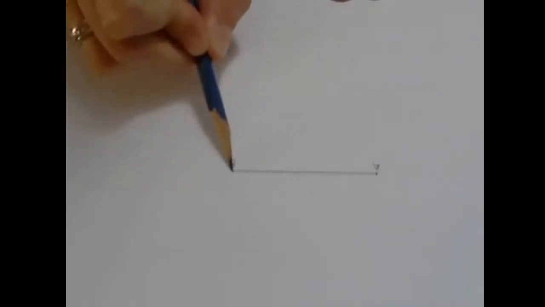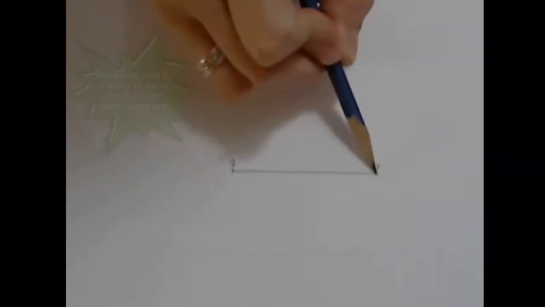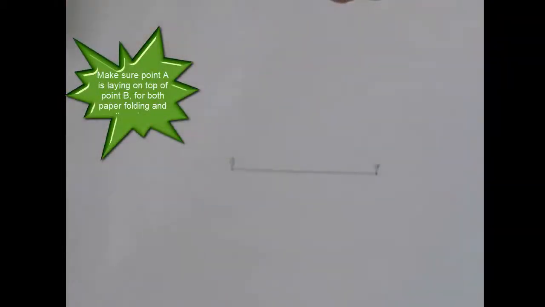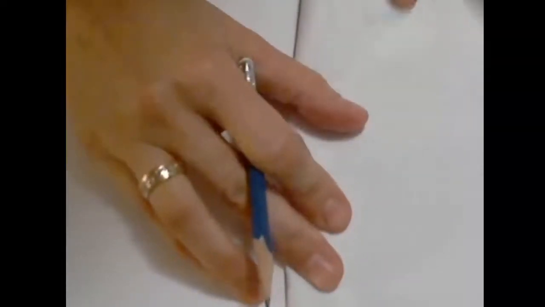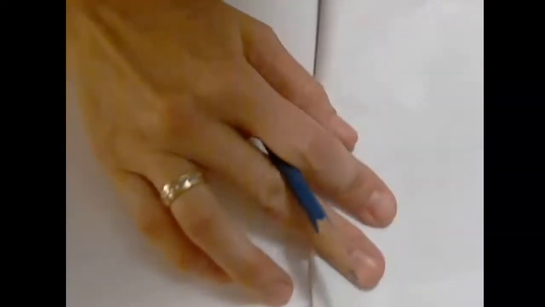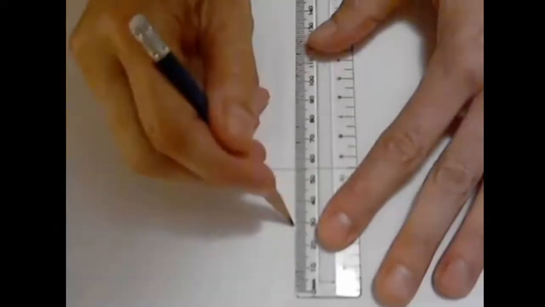We do that again, but this time when we fold it, we make sure that point B is actually laying on top of point A. So we fold the paper, line it up, and slide it so that point A is laying directly on top of point B. Crease the paper again and open it up. You can see your crease here, and then draw your perpendicular bisector.